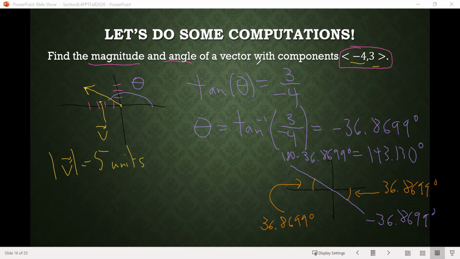Okay, so that'll be our angle theta for this vector. So it's got a magnitude of 5 units, and it's at an angle of 143.130 degrees.